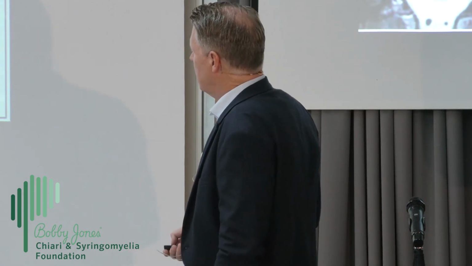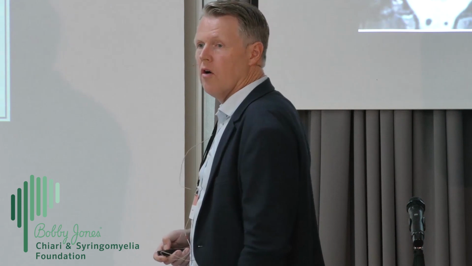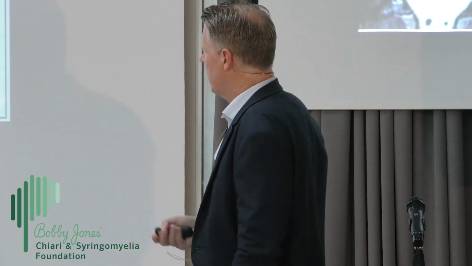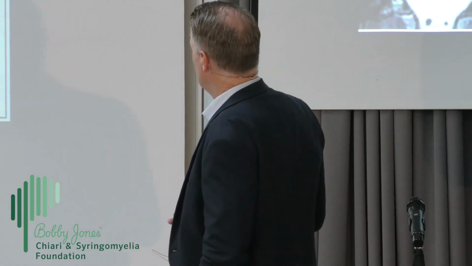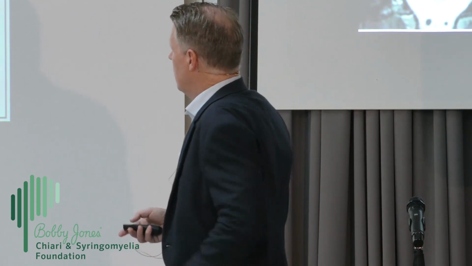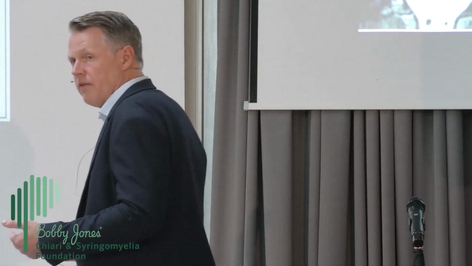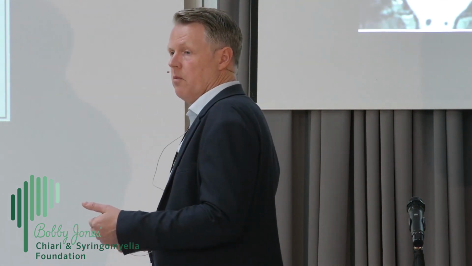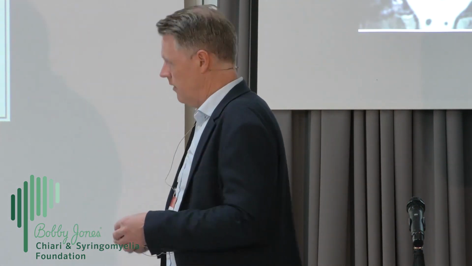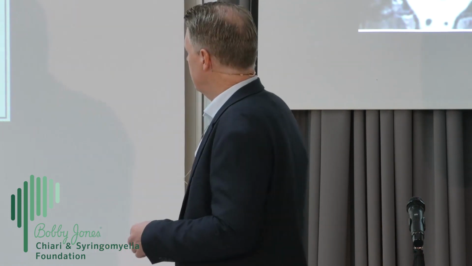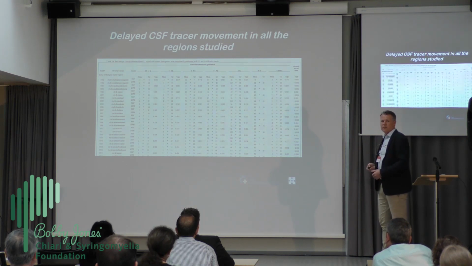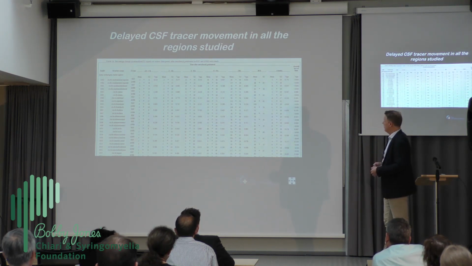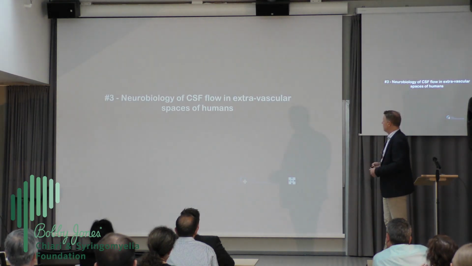And what we see is that the clearance of this CSF tracer is significantly reduced, both in the gray matter and the subcortical white matter of these patients. So we think that delay of clearance may be one mechanism why we see accumulation of toxic substances. So this is just to indicate that we see this in actually all the regions that we study, this delay of movement of CSF tracer.